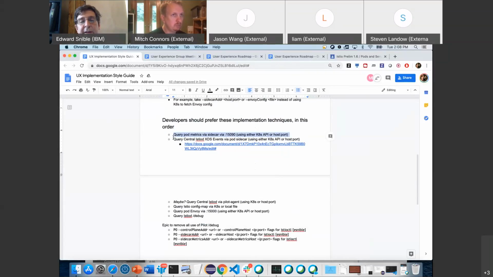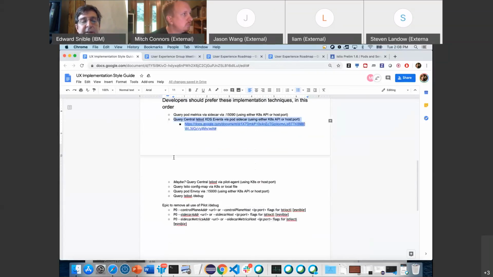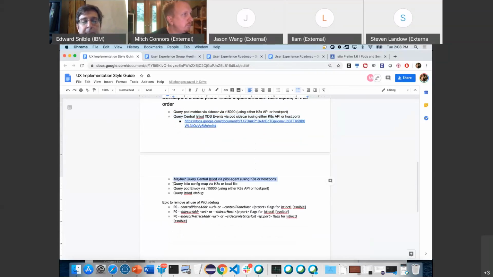The pod metrics, this new mechanism that we'll talk about of getting XDS events, possibly, and this seems to be contentious, if there are no pods, some way of finding this XDS event mechanism. We should be looking at Kubernetes config maps to see how Istio was installed for things like version.